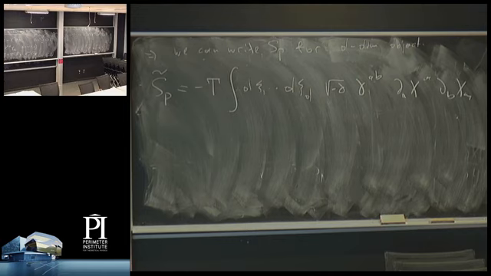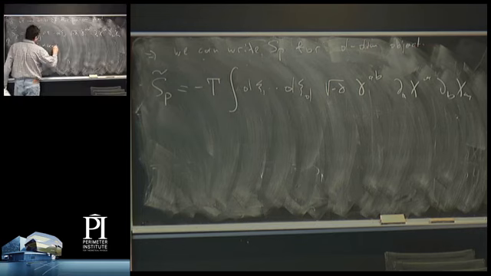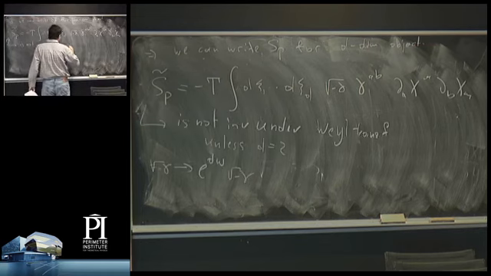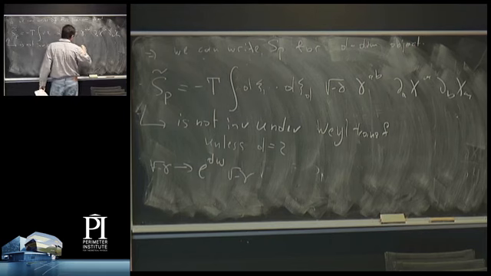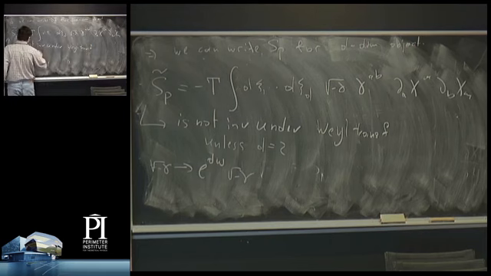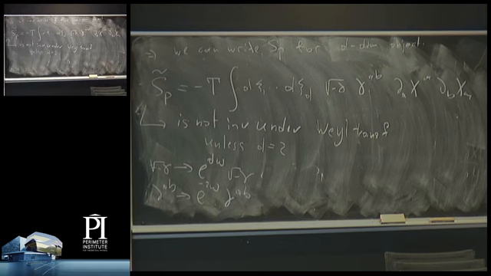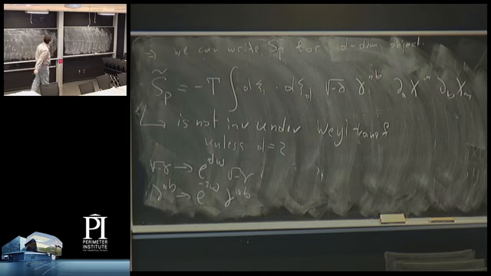It's invariant under Lorentz invariance, under Poincare invariance, but it will not be invariant under Weyl transformations unless d equals 2. And the reason for that is that I can repeat the same steps here.